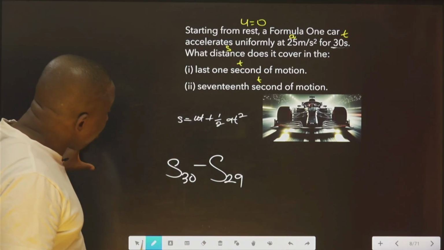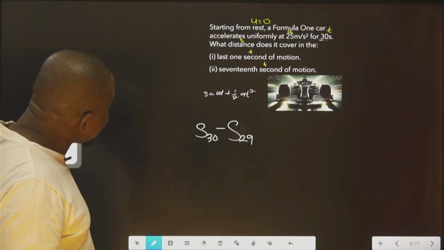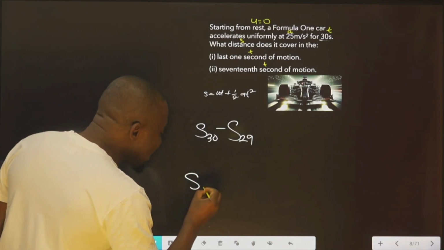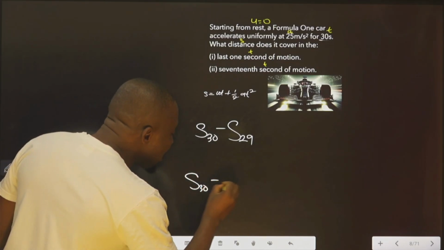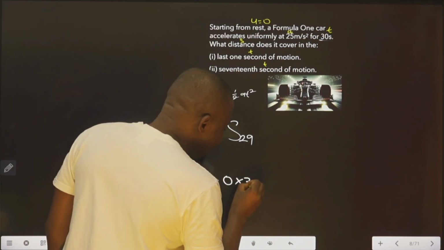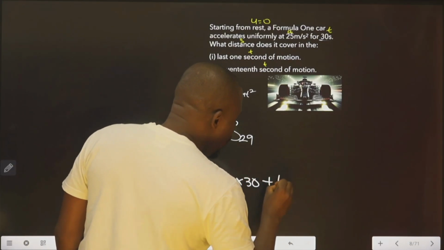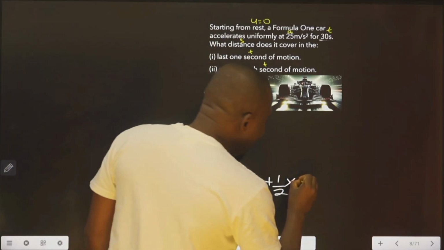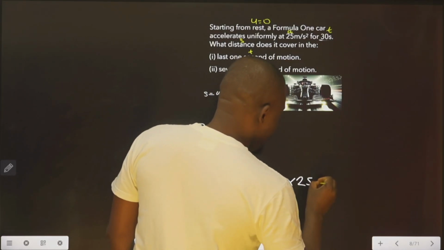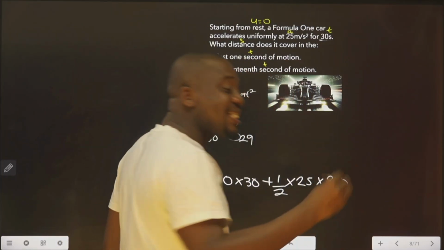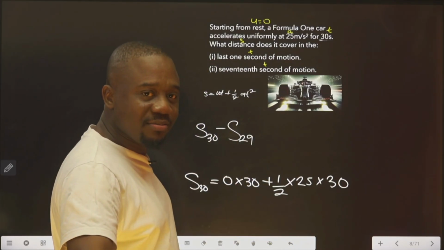First of all, let's get the distance at 30 seconds. So s at 30 seconds is equal to u, from rest 0, times 30, plus 1 over 2 multiplied by a, which is 25, multiplied by t, which is 30.